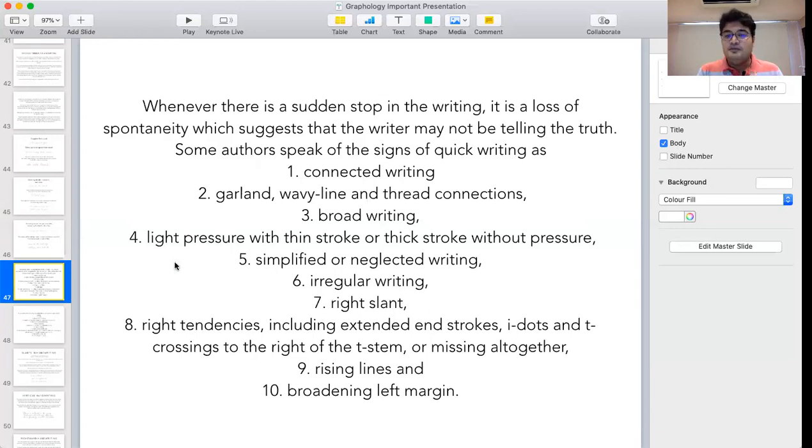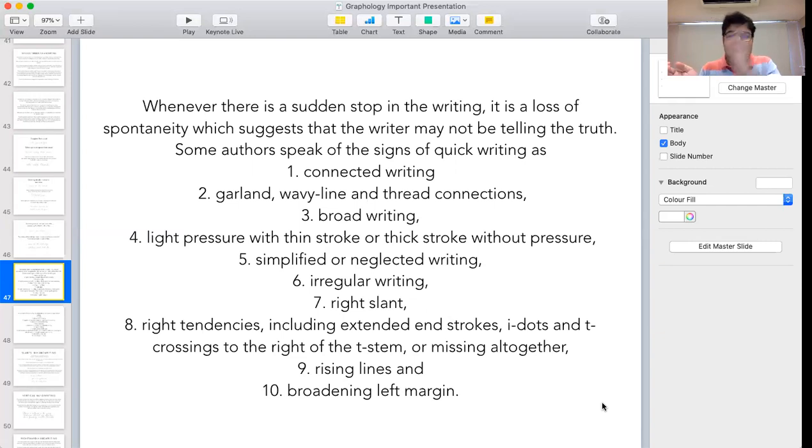So a couple of signs of quick writing, such as some authors speak of, are connected writing, garland, wavy line and thread connections, broad writing, light pressure with thin stroke or thick stroke without pressure, simplified or neglected writing, irregular writing which does not have any pattern, right slant writing, right tendencies including extended end strokes, I dots and T crossings to the right of the stem or missing altogether, rising lines and broadening left margin.